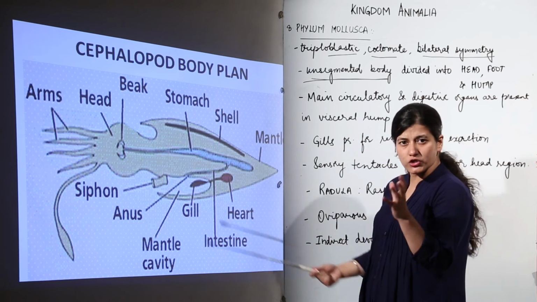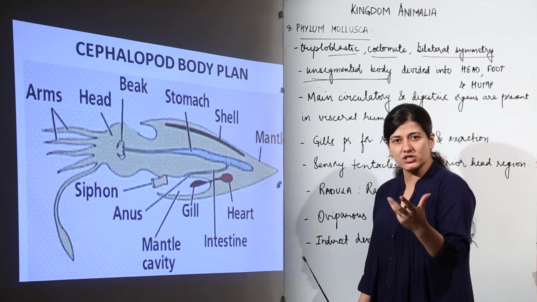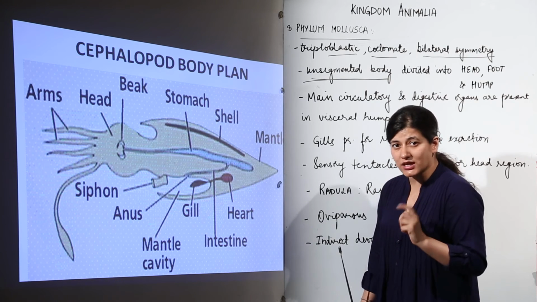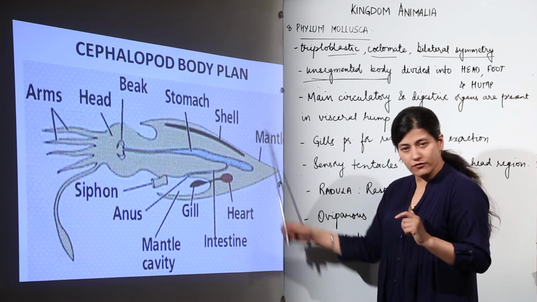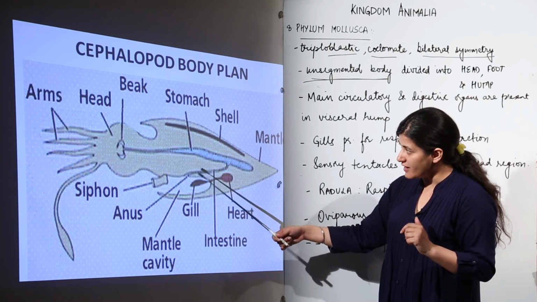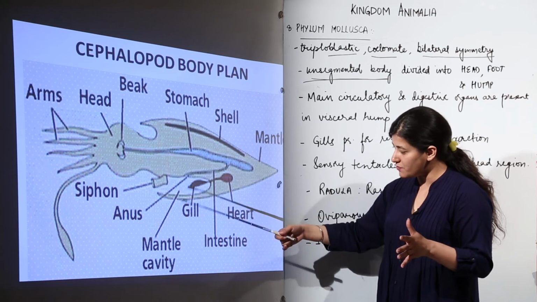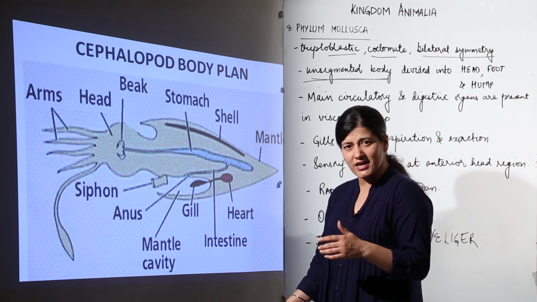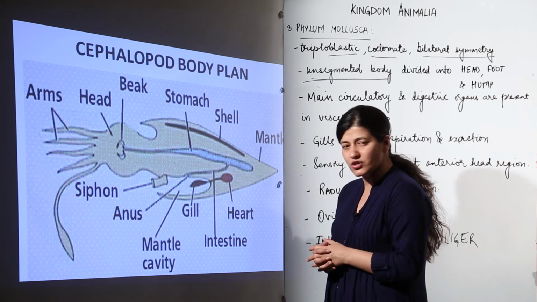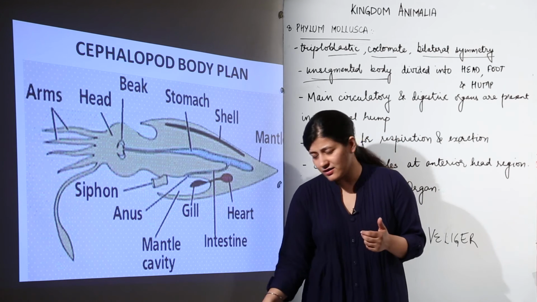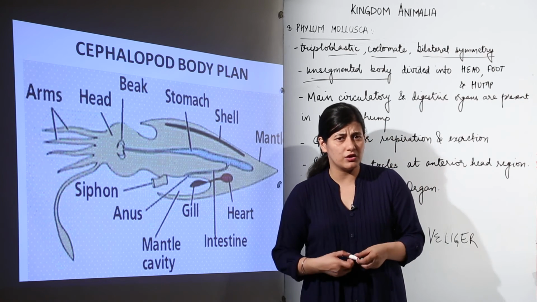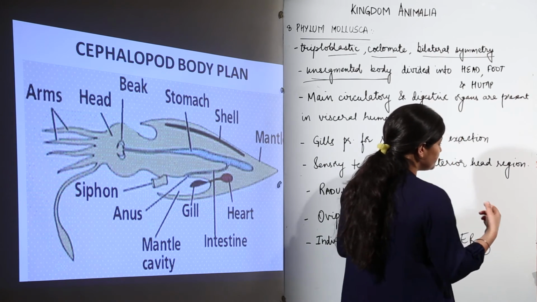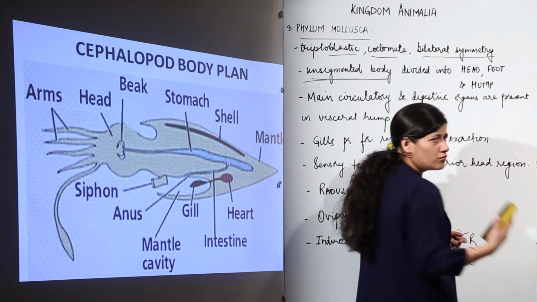The calcareous shell would not be present as much as it was in the case of gastropods. Instead, the soft body would be present. There would be a rasping organ inside the head. These octopuses are specialized in secreting some sort of ink. There are many edible mollusks that we consume, such as oysters.